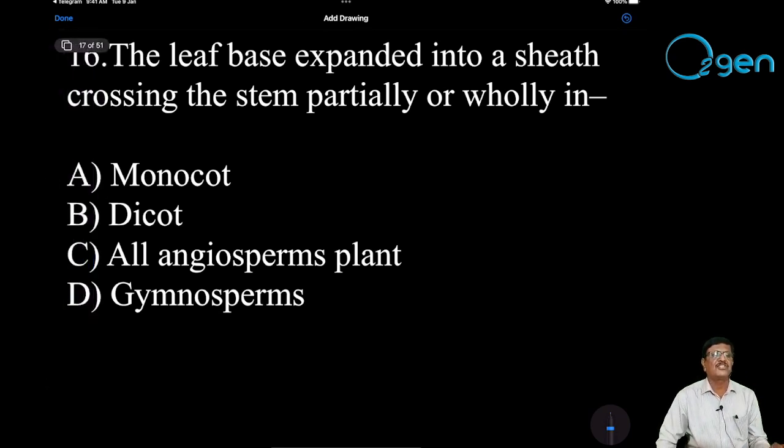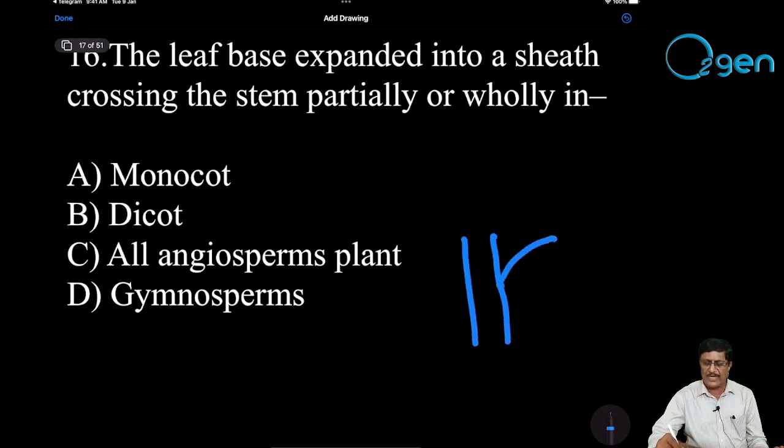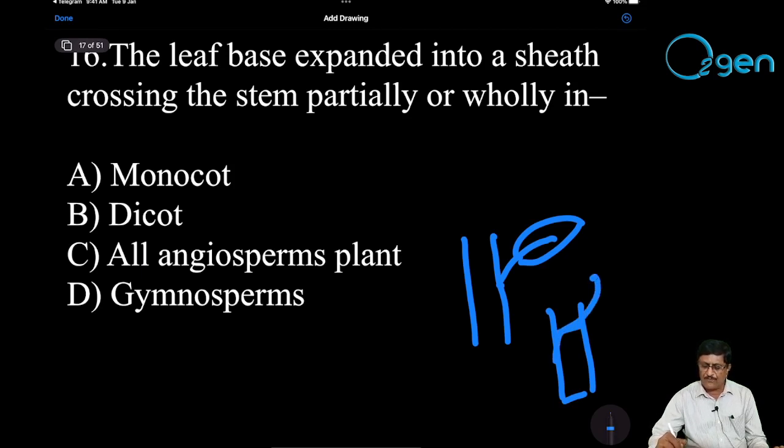Question 16. The leaf base expanded into sheath crossing the stem partially or wholly. Here in the dicot plant, leaves develop like this, whereas in monocot plant it is at the nodal region. So the leaf base has a sheath which is extended and forms the leaf.